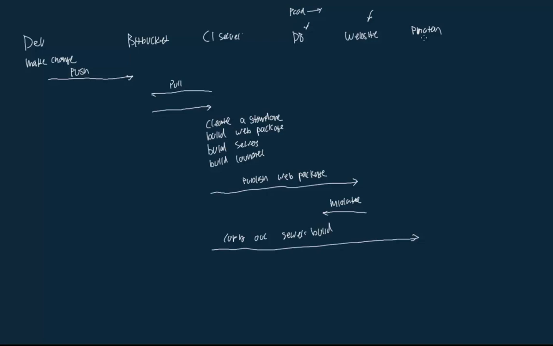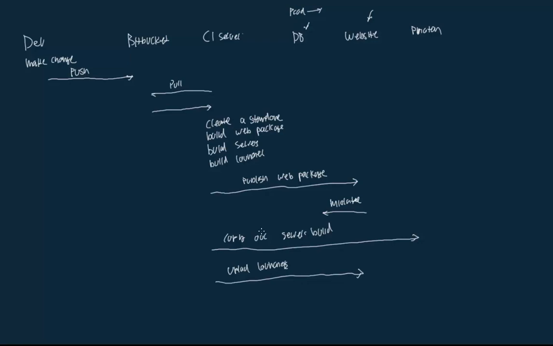The next thing that we need to do is we need to send our client and our launcher to something. So our CI server is going to go to the website and upload our launcher. And that'll tell the website that the next time a launcher requests the latest version of a launcher, that version will be out of date, and the launcher that's running will need to re-download itself.